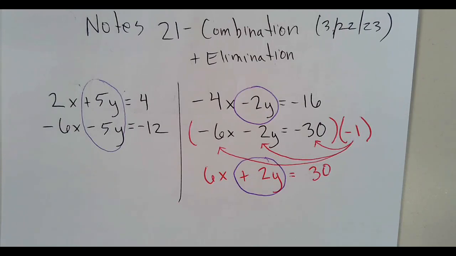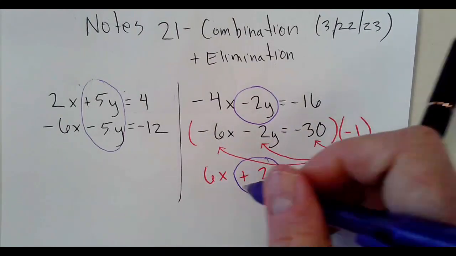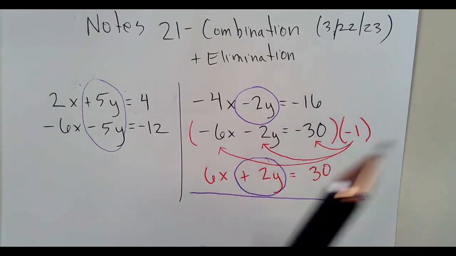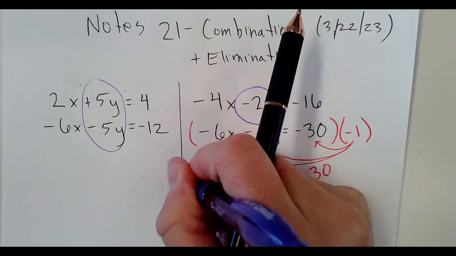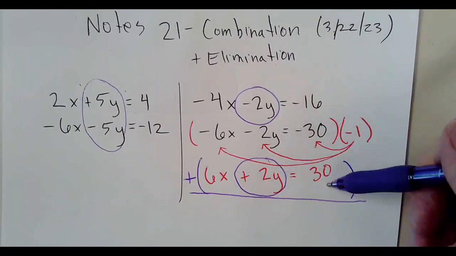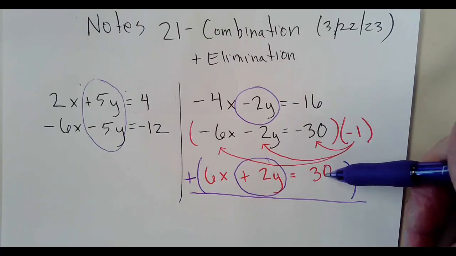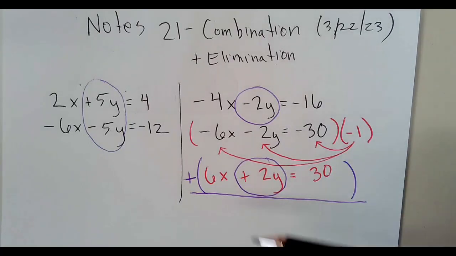Now can I combine the equations to eliminate? Yeah, and that's what I'm trying to do. That's all I want to do. So I'm going to do that now. I'm going to combine the equations. The top one here and the bottom one there. Okay, I changed the middle one. Now I'm going to use this bottom one. -4x plus 6x.